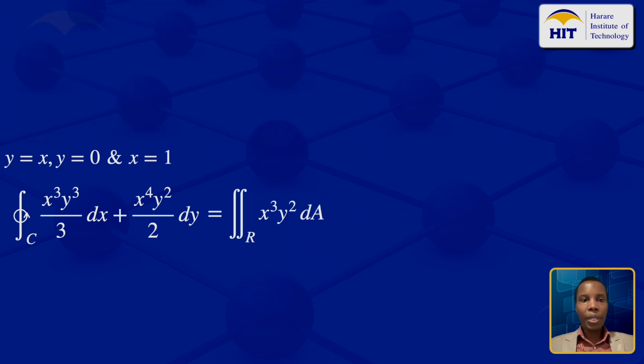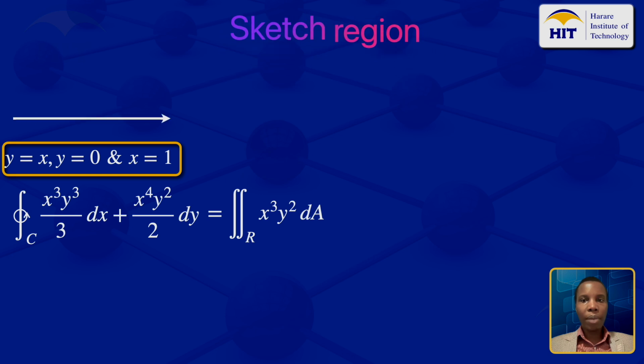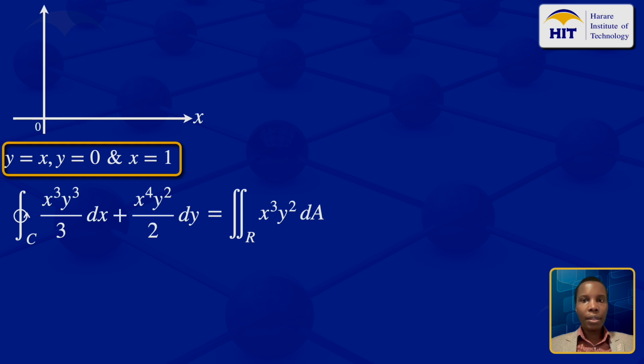We go on and look at the region that we are given. The region is bounded by these curves, so I can just plot that. I draw my x-axis and label it x, put a 0 here, then draw the y-axis and label it y, then draw the line y equals x. It's a straight line, and I label it y equals x.